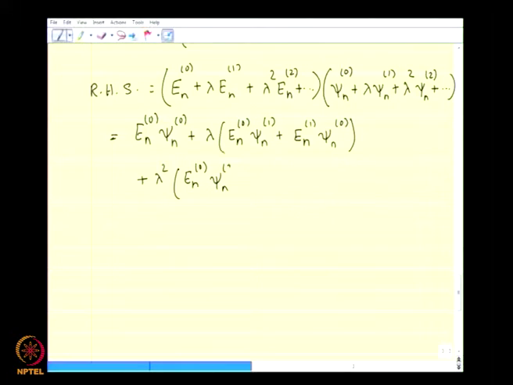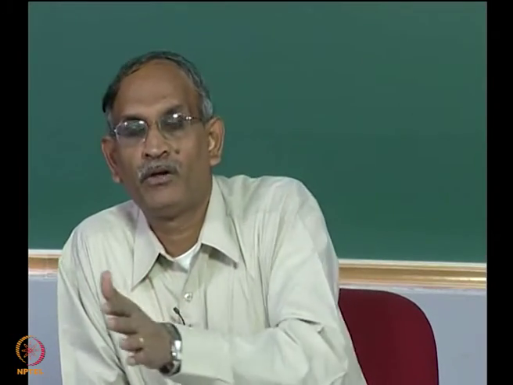En0 psi n2 plus En1 psi n1 plus En2 psi n0. If you go for lambda cube, you will see that there will be more terms, there will be four terms, En0 with psi n3, En1 with psi n2, En2 with psi n1 and En3 with psi n0, and therefore you see on the right hand side for each power of lambda the number of terms increases by 1.